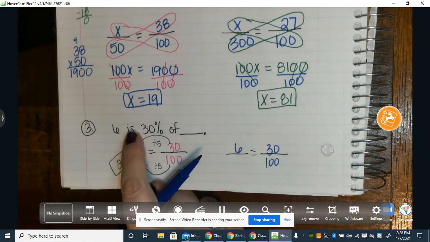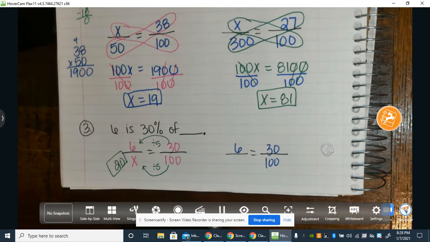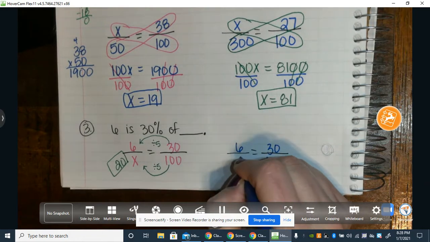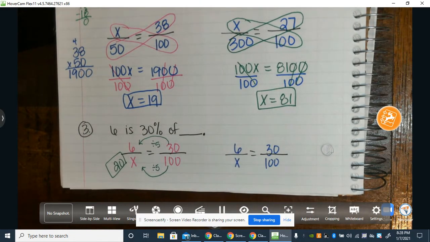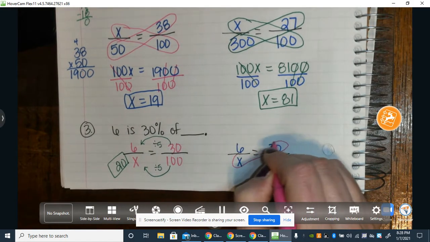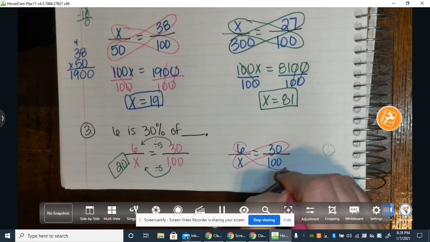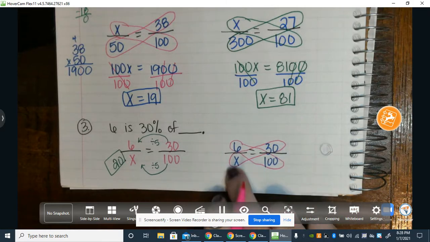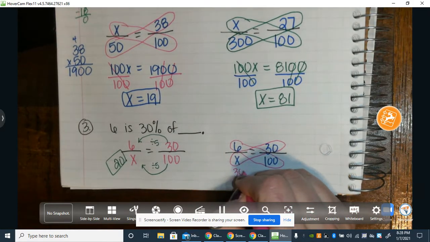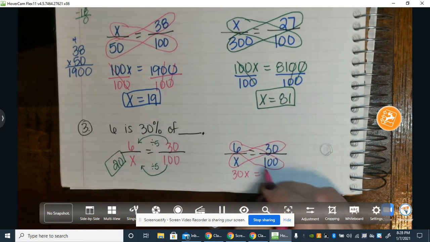And do you see how "is" is right next to it? So bam, you knew where it was going to go. And this is going to be an X. So I'm going to cross multiply. And 30 times X gives me 30X, which is equal to 6 times 100, which is 600.